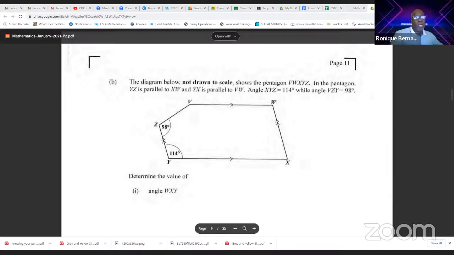All right. So you're going to draw this shape here, and you're going to draw two parallel lines. So this must be parallel to this line. You're going to measure this angle here and this angle here.